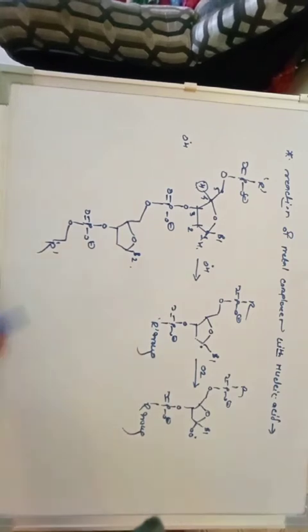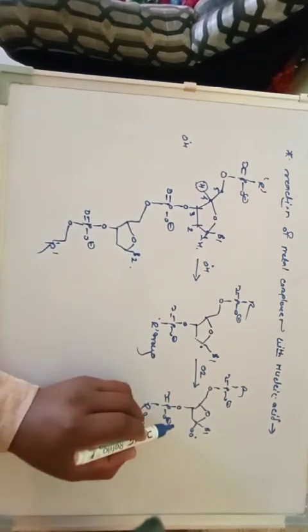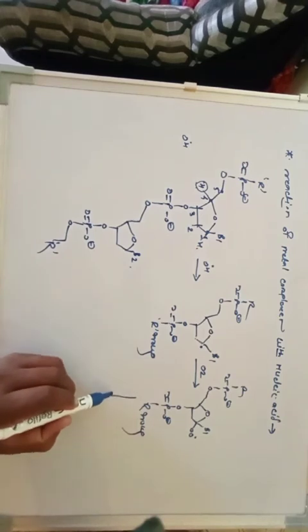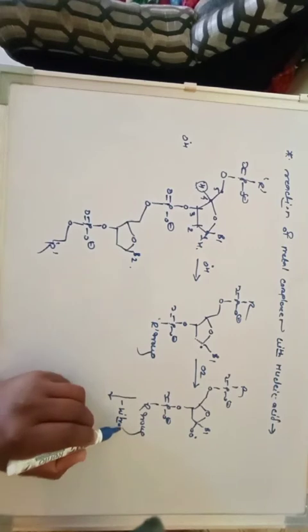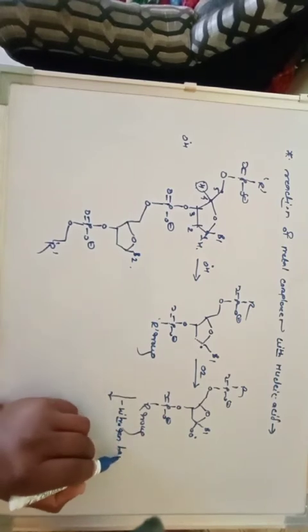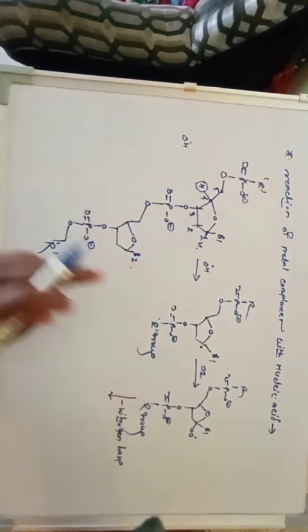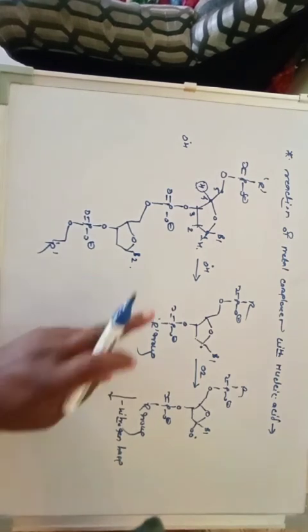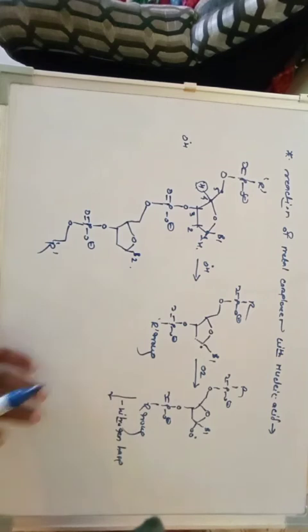What you get after that, when this radical forms, is an elimination of the nitrogen base. In the first mechanism, when it interacts with the C4 carbon, there is an elimination of the phosphate group, but in this case, when the hydroxyl radical interacts with the C1 carbon, there is an elimination of the nitrogen base, considered as B1.